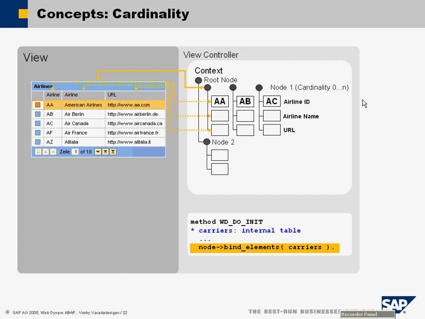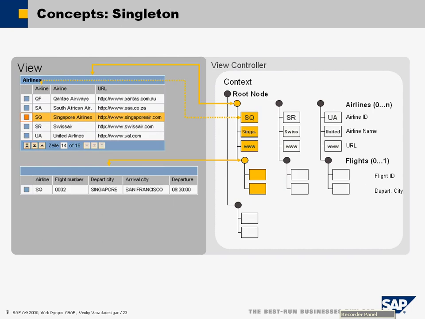If you say 0 to many, it can hold any number of rows from 0 to n, could be any number, restricted only by the memory. Okay, so basically, if you are trying to represent a table, a tabular format, you will be setting the cardinality to 0 to n. So that's how the context node can hold multiple instances of each row.